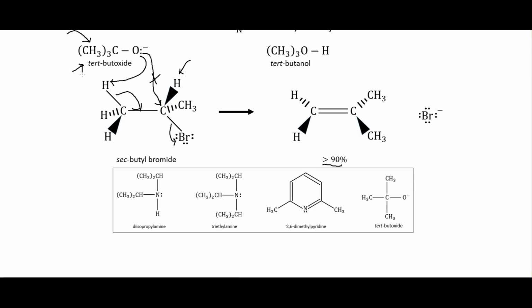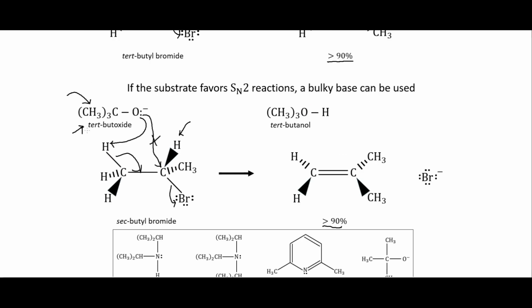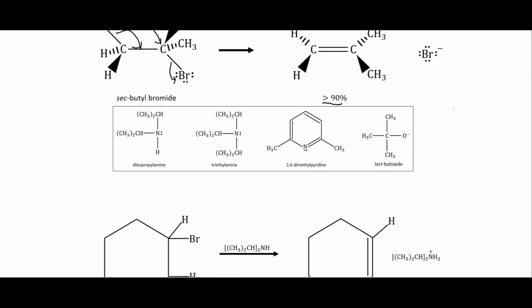If we have a substrate that favors the SN2 reaction, then we can use a bulky base to hinder it from performing the SN2 reaction, and we can get our E2 reaction in order to form the alkene, which is what this video is about. We're interested in getting that elimination reaction.